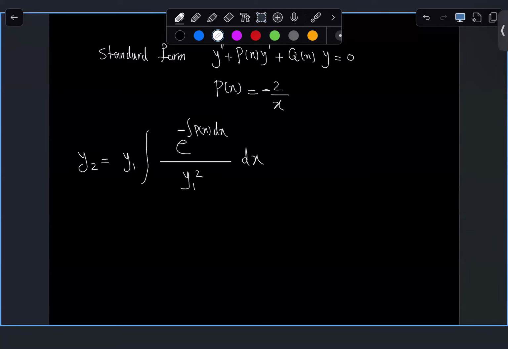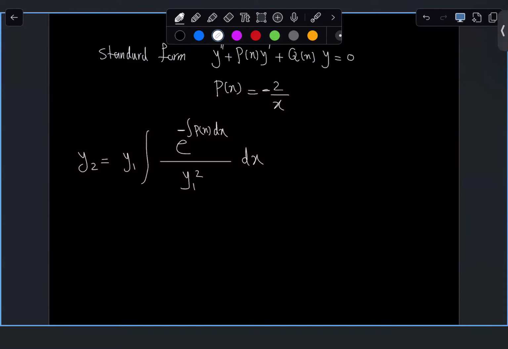Okay, so let's start plugging in y1 and P. And again, why don't you try to do this first, like 4 or 5 minutes, and then we'll do it together. I find it easier to first do this integral. So usually I write this separately on the slide.